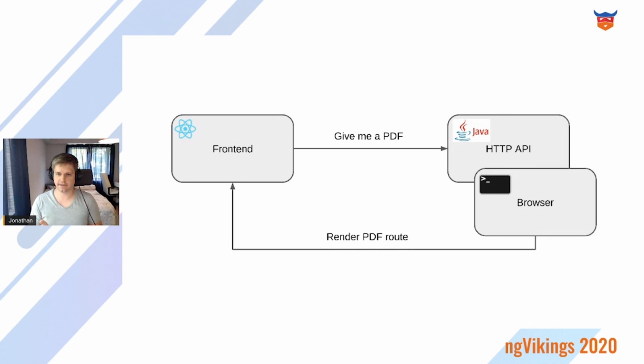But this architecture had multiple problems, the most important one being that it was really challenging to get authentication to work, because there was no way to hand over authentication from the front end to the separate browser process.